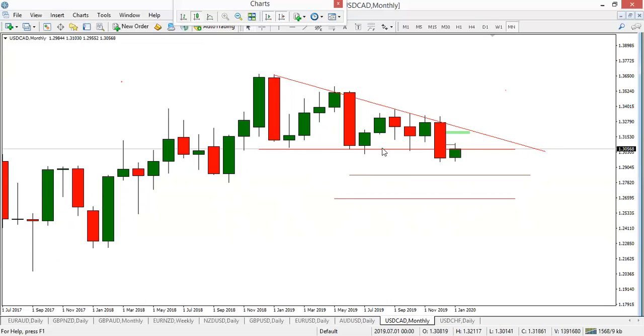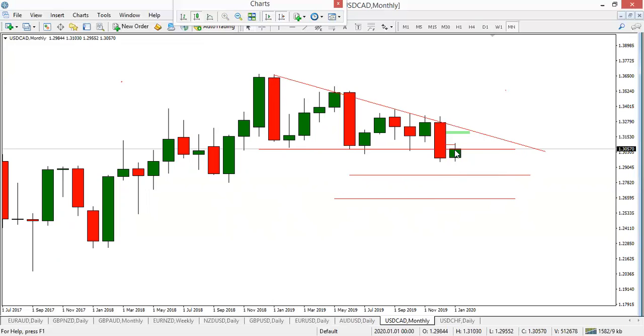So this is your support, and this is your descending resistance: a lower high, a lower high, a lower high, but the same low basically. But this red candle broke out on this low.